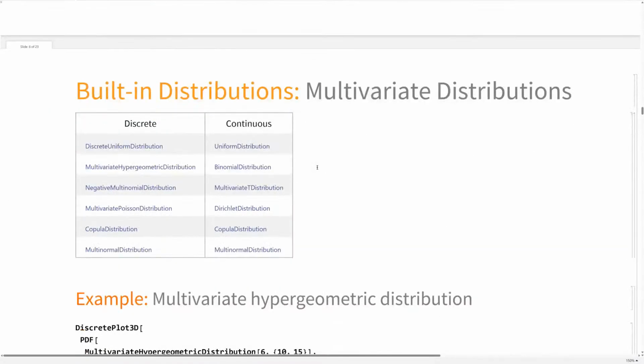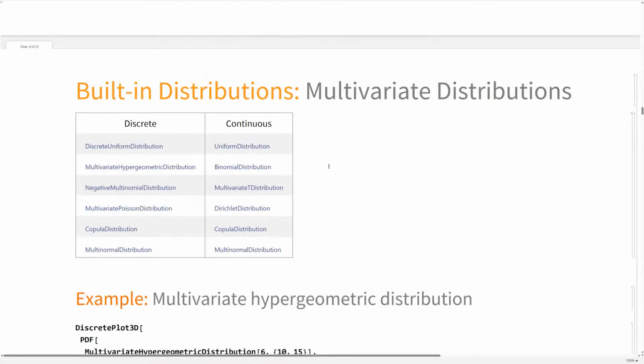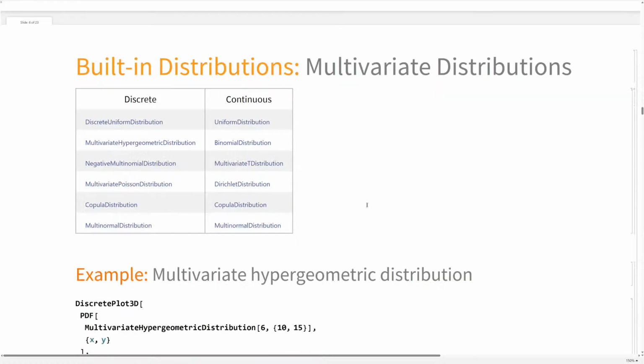All right, that's some basic understanding of the distribution. Now I'm going to talk about more complicated multivariate distributions. We have the discrete ones, and we also have the continuous ones, and all of these are built in. I'm just showing some examples.